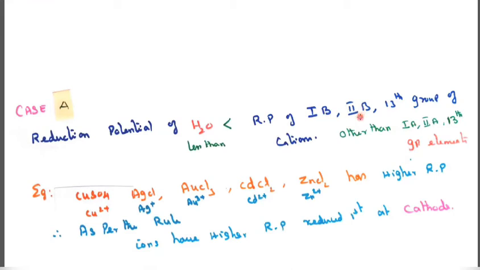Group 1B is the coinage metals: copper, silver, gold. Group 2B is zinc, cadmium, and mercury.